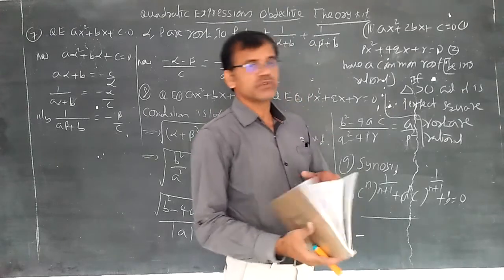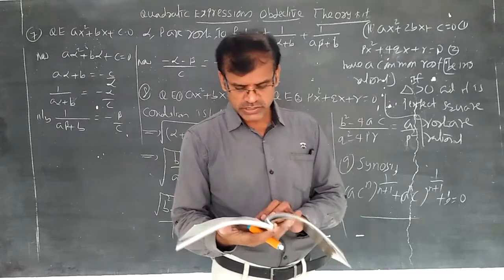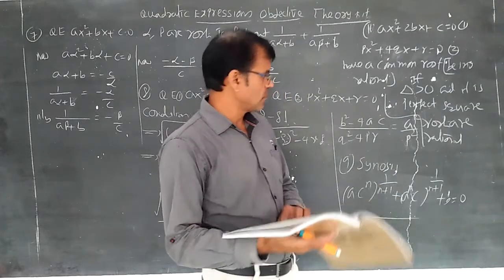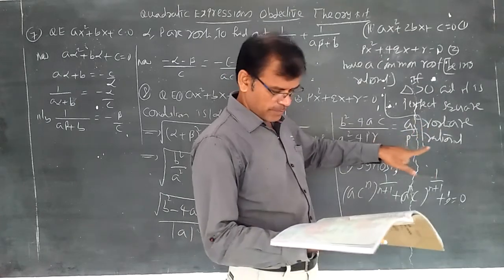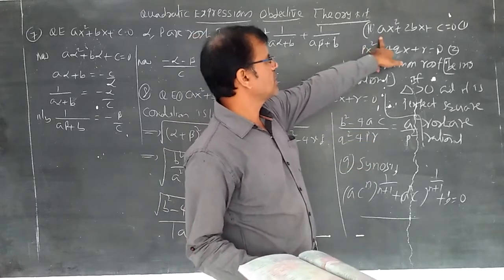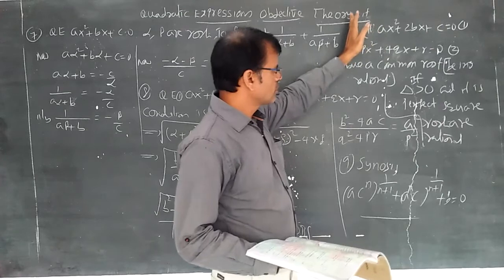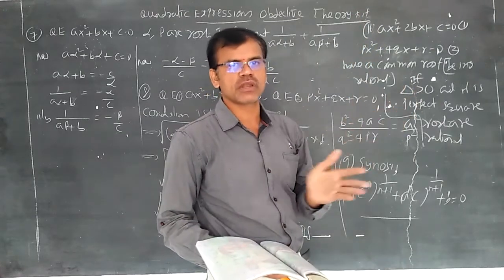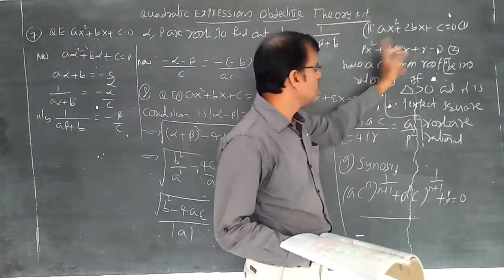So 100% we can say that whenever he gives the condition hinting at rationality, the roots are rational, so delta should be a perfect square. What is the value of delta? I calculate 4b square minus 4ac, taking 4 common: 4 into b square minus ac, or 4 into q square minus pr.